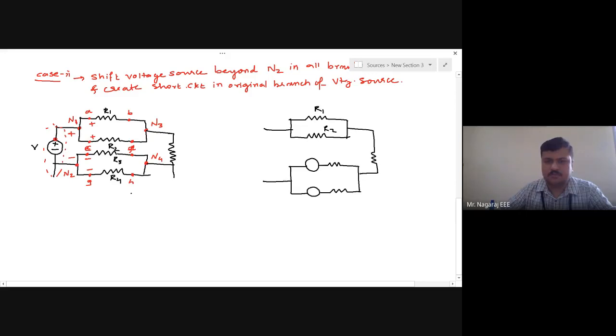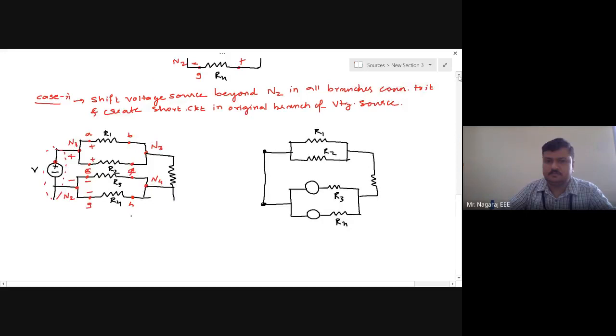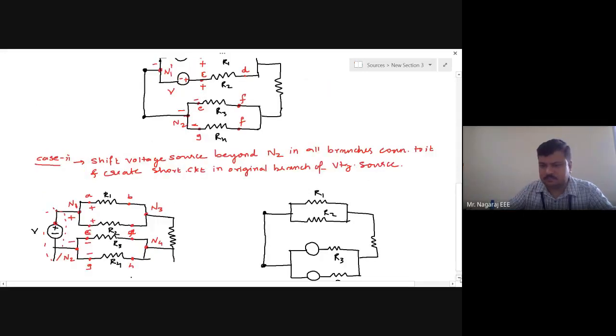Now the original branch should be replaced with a short circuit. Now this is R3 and R4.